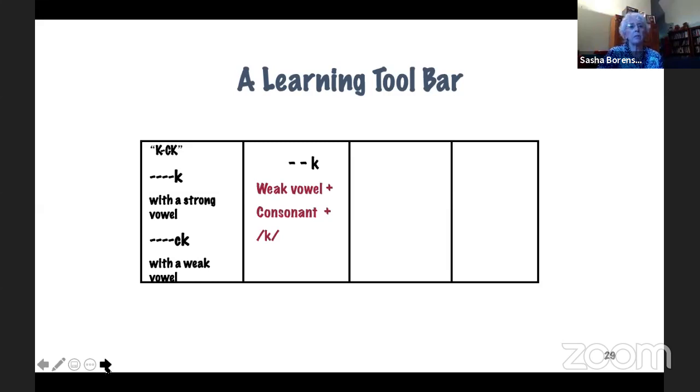Have I totally confused you guys? Or does this make sense? Okay. If this is not making sense, what I want you to do is to text me, to go on the chat room with me, or we can have a Zoom conference, because this is such an important idea of weak and strong vowels and how the spelling patterns follow it.